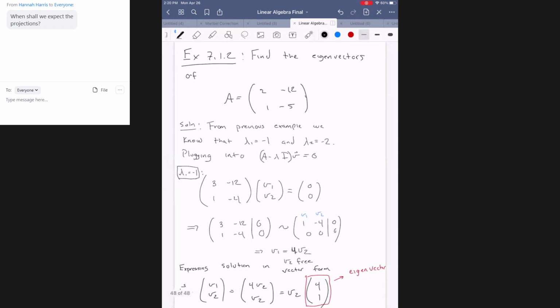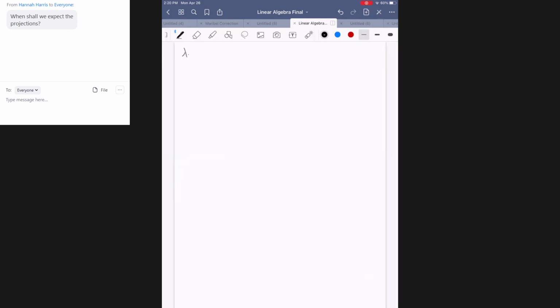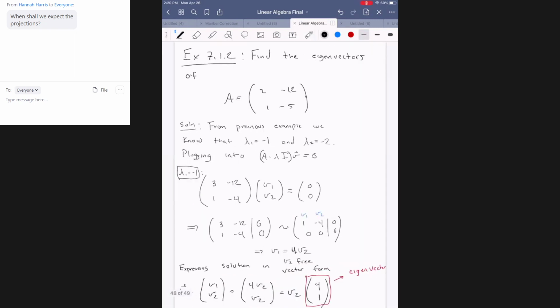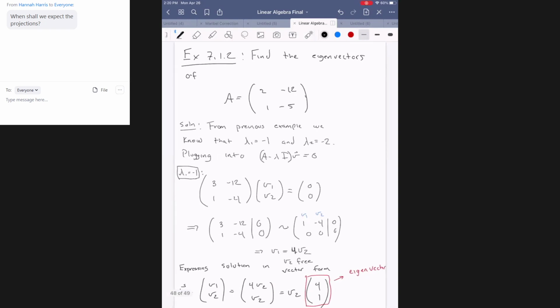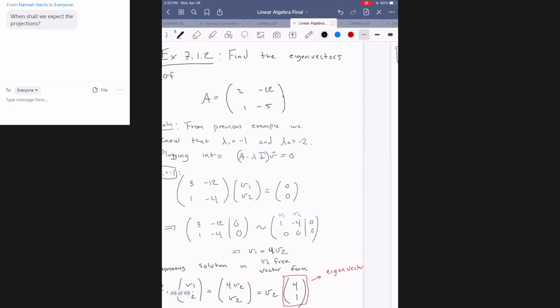Let's do lambda 2 equals -2. We do the same thing here. If I plug in -2, what do I get?